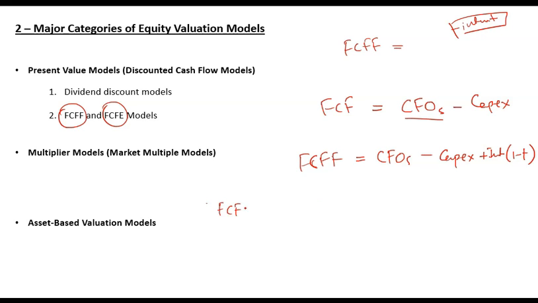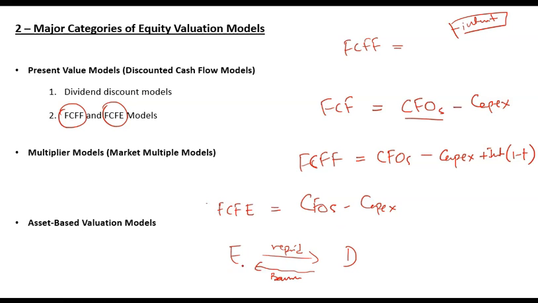When we calculate FCFE, I can simply take CFO minus capex. I do not need to make an adjustment for interest, but there is another adjustment which I need to make. When I borrow debt or repay debt, that is a cash flow between equity holder and debt holder. When the debt is repaid, the equity holder is giving it to debt, and when debt is borrowed, the equity holder is receiving it.